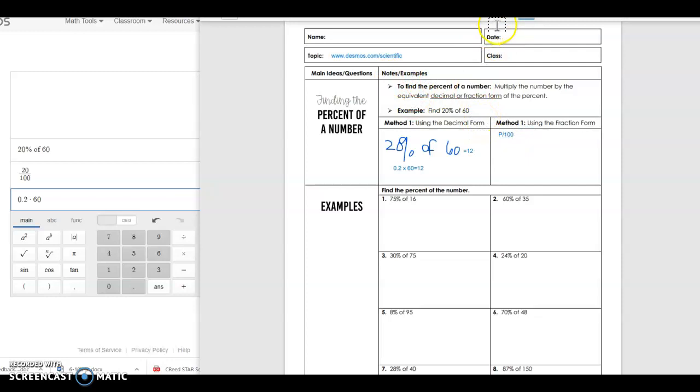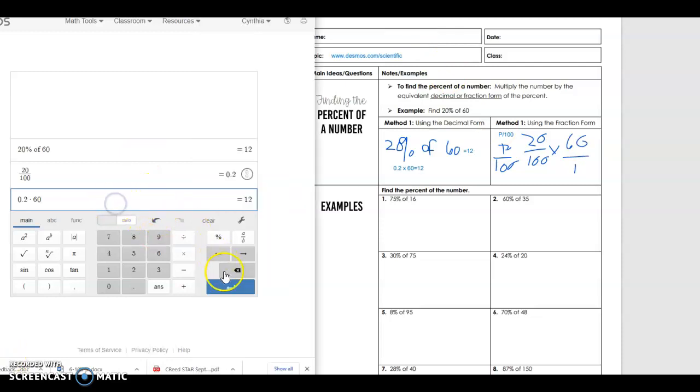In this case, it would be 20 over 100. And your whole number is 60, so that would be 60 over 1.